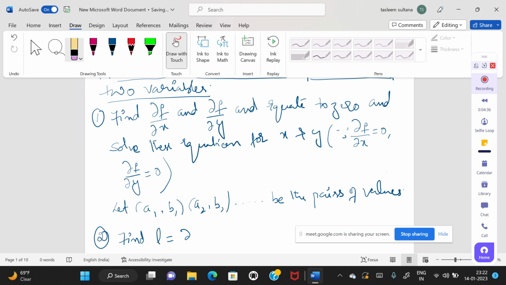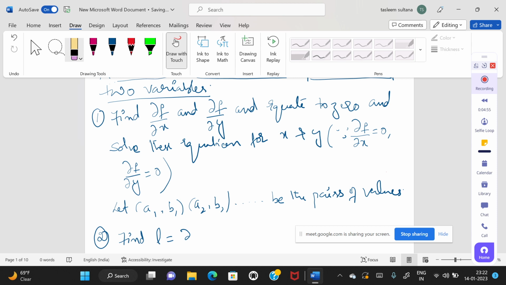According to the theory, whatever you got from partially differentiating with respect to x, equate that to 0. That means you substitute dou f by dou x equal to 0 and dou f by dou y equal to 0. Then you form them into equations.